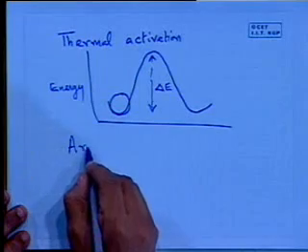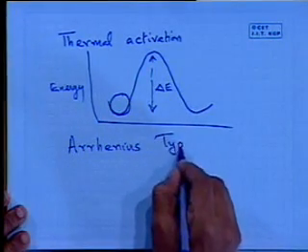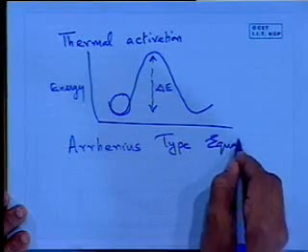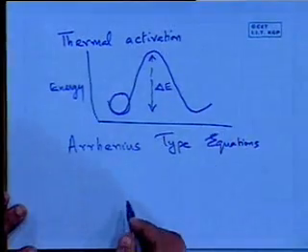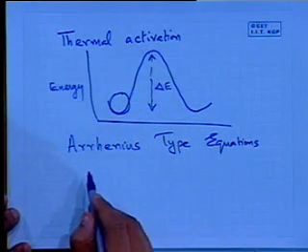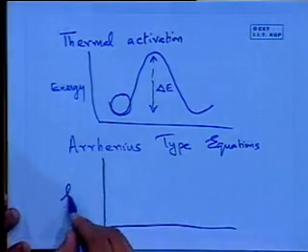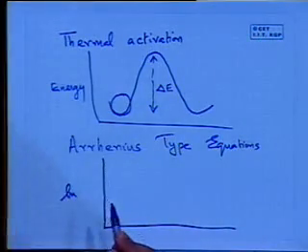Most of the equations of the kind that we just looked at are referred to as Arrhenius type equations. You may be familiar with that term. When you see an Arrhenius type equation, one of the first things you can immediately do is make a plot of the log of whatever is the rate being spoken of.